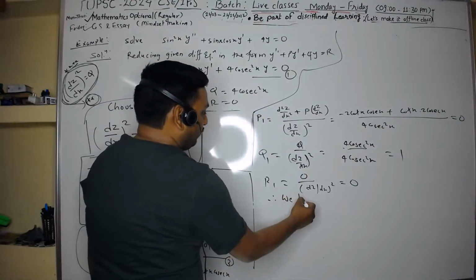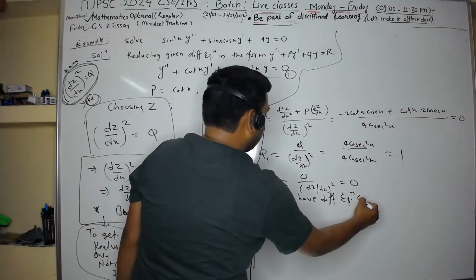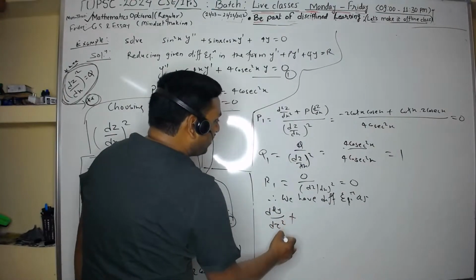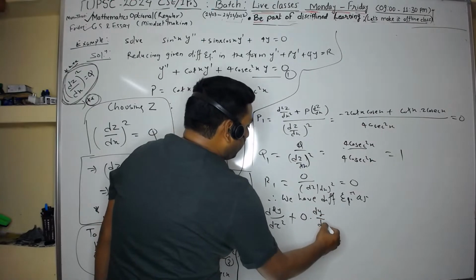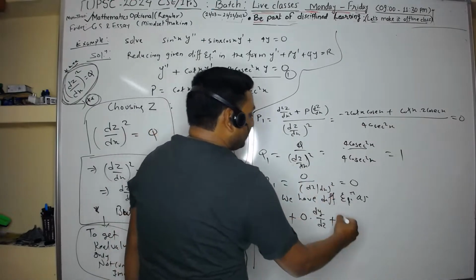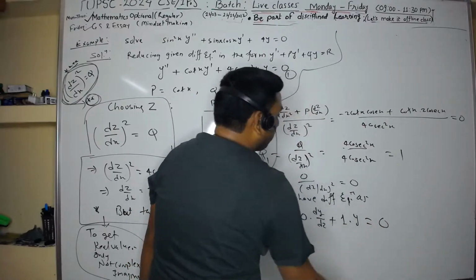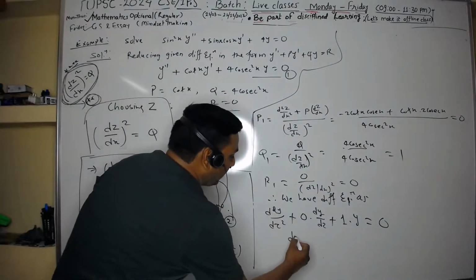So we have differential equation as d2y over dz square plus p1 into dy over dz plus q1 into y equals r1. कितना भयंकर इक्वेशन मिला है ना.